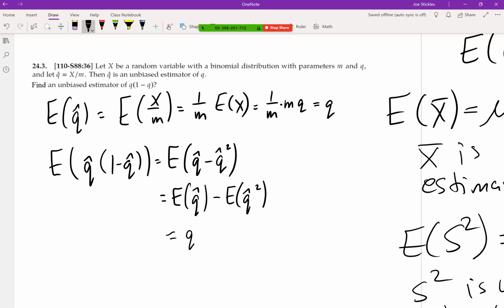All right, so let's see if we can figure out the expected value of q hat squared. Now, I know that I can't just pull out the squared. However, I do know that this will be equal to the variance of q hat plus the expected value of q hat, quantity squared.